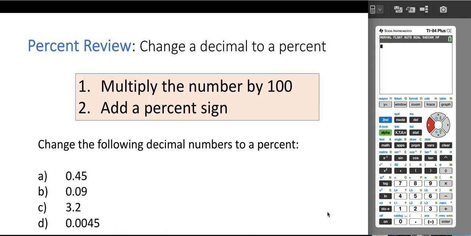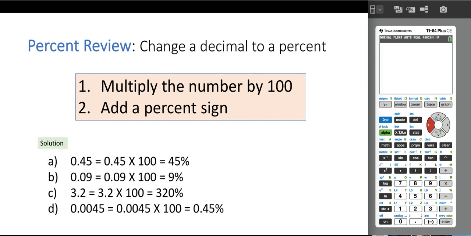Okay. What about changing a decimal to a percent? There's 2 steps. First, you're going to multiply the number by 100, and then you're going to add the percent sign. So here's some examples. You can pause the video, come up with your answer, see if you're right. The decimal number 0.45 is 45%.